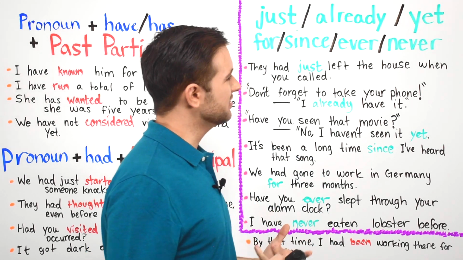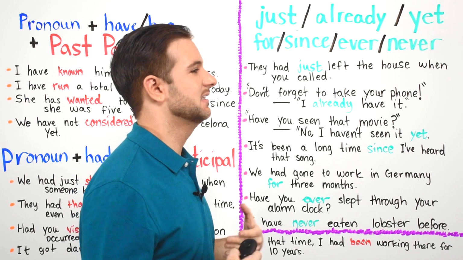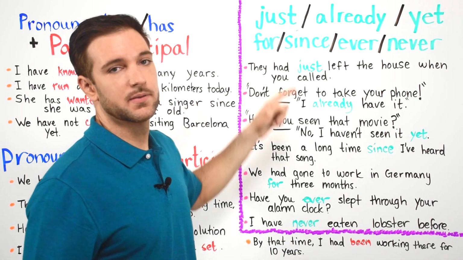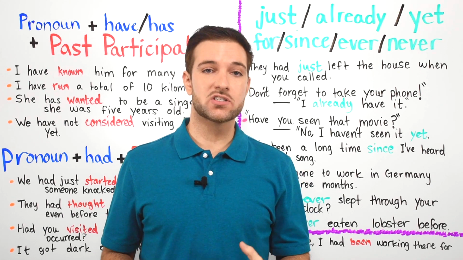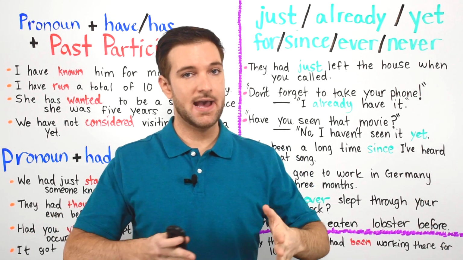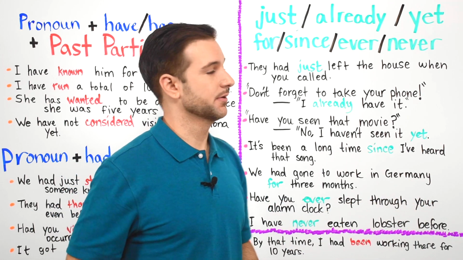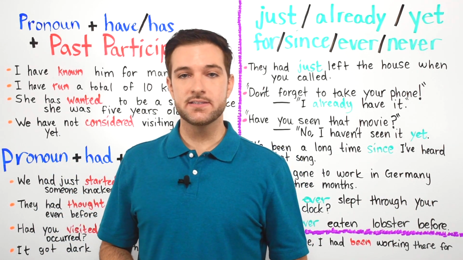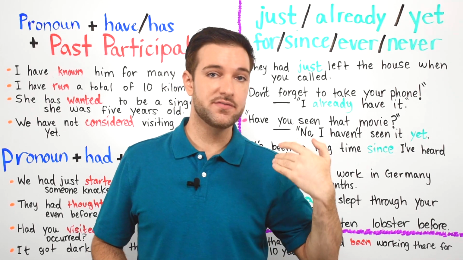For is used to express a duration of time, how long something happens for. Since is used to refer back to a previous point in time.